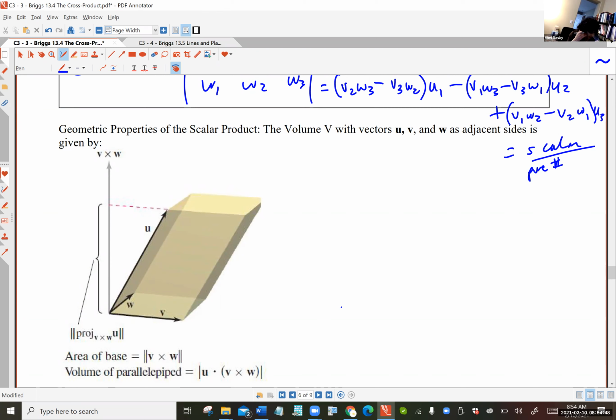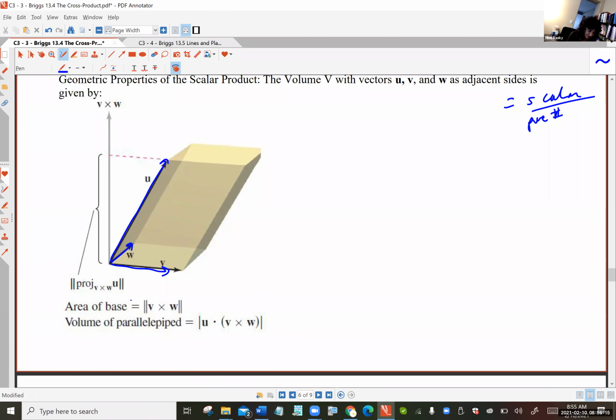So it turns out that if you have U, V, and W vectors all making adjacent edges of what's called a parallelepiped, which is just a fancy name for a rectangular box that's pushed over a little bit, has a little bit of a shear to it, slanted over, then the volume is equal to the absolute value of the box product.